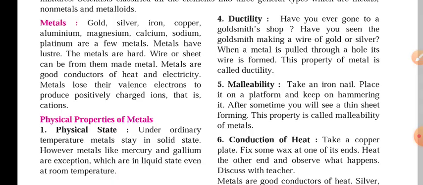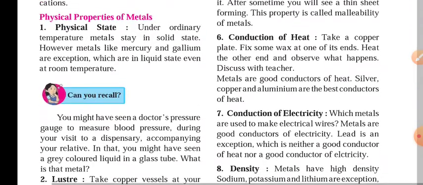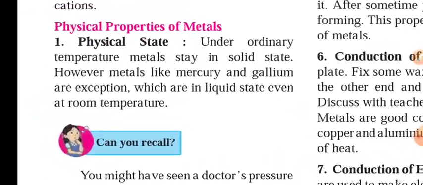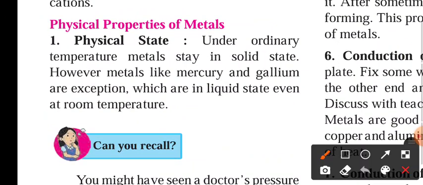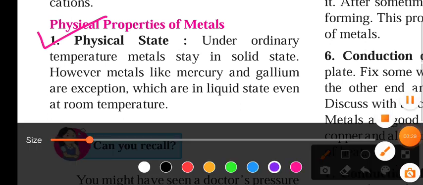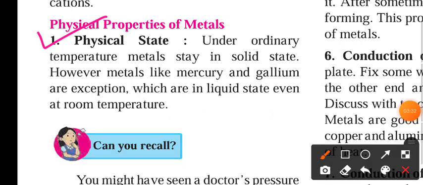First, we will talk about the physical properties of metals. The first thing we have to discuss is the physical state. Most of the metals, almost 99% of metals, are solid in state. As we already know the states of matter: solid, liquid, and gaseous.